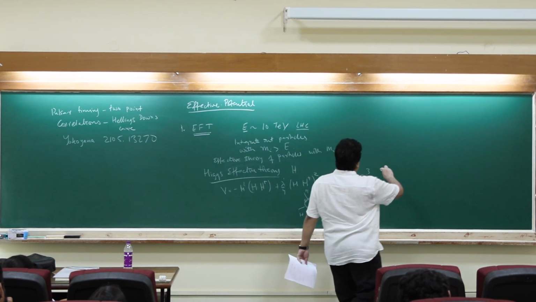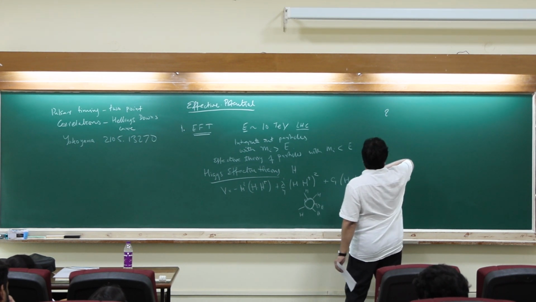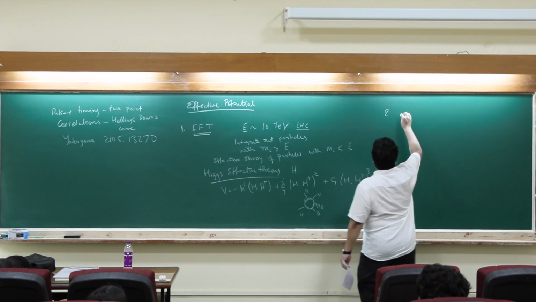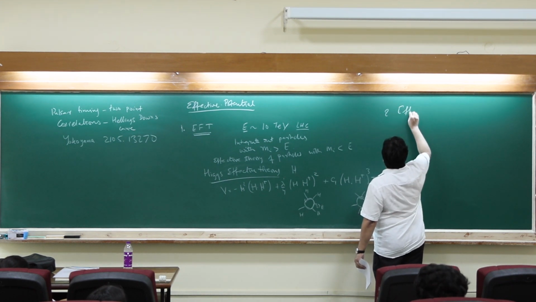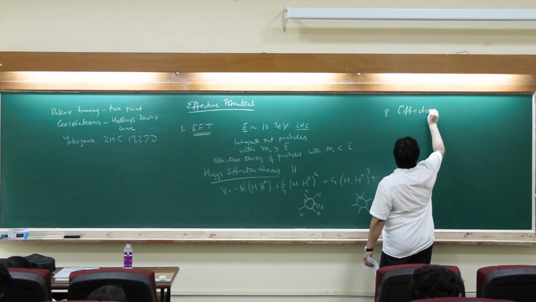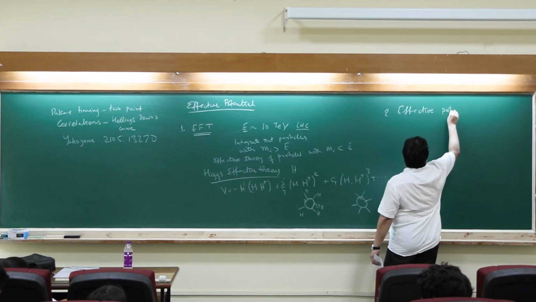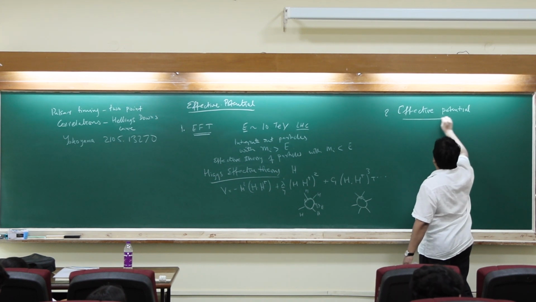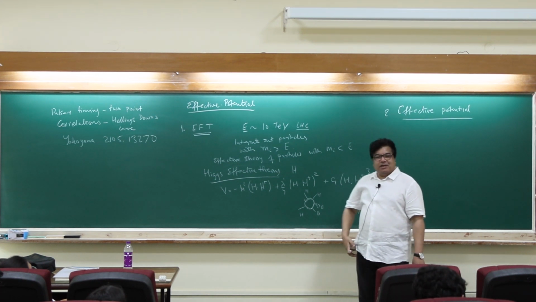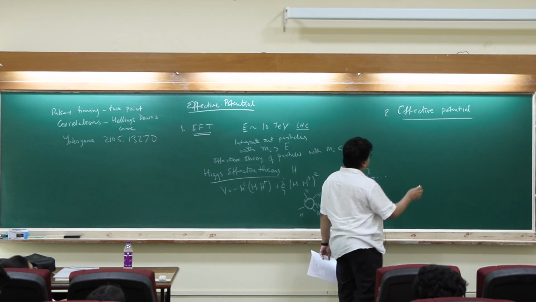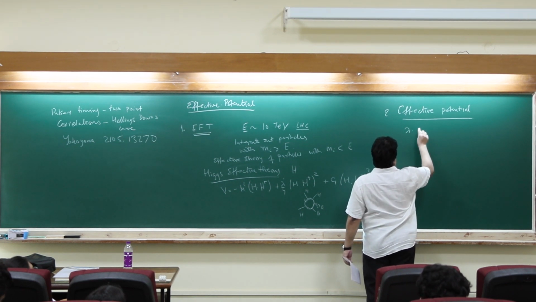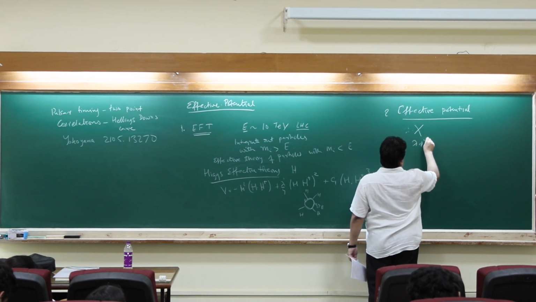But there's another sense in which we have an effective theory, and this is the infrared effective theory, and this is what's called the effective potential. And a good example of this is, I'll give you an example, let's say you have a lambda phi to the 4 theory.